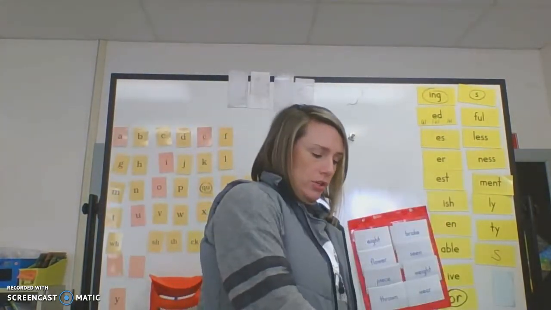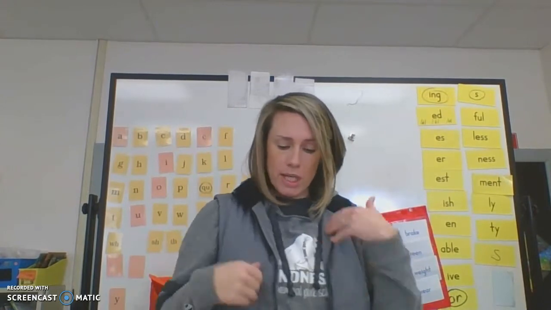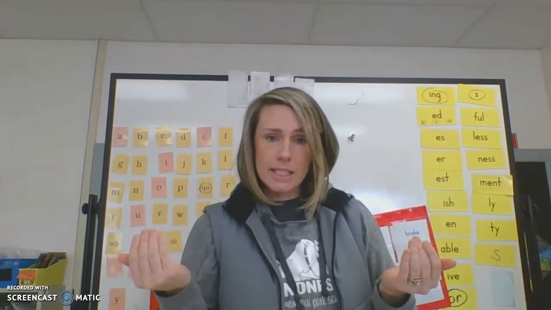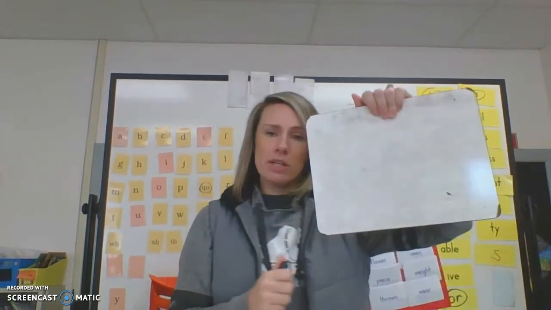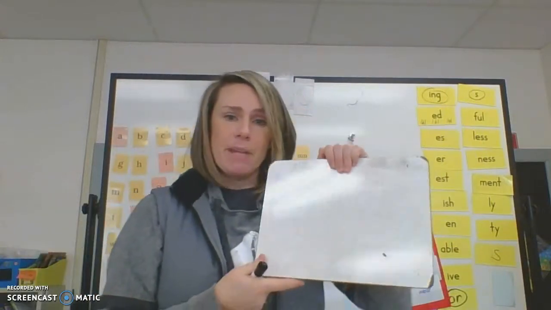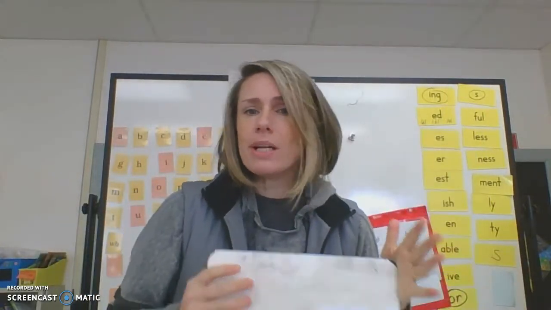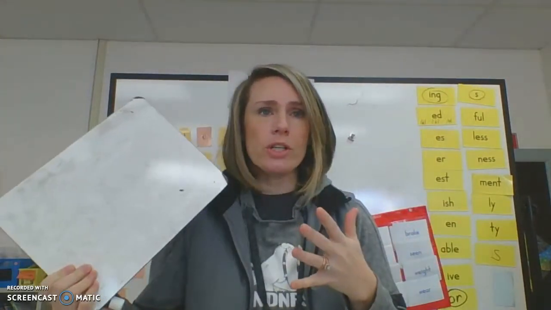Okay, so today we are going to do a word of the day and then a dictation on paper. So when we do our word of the day, I'm going to start by drawing syllable lines. And this is a strategy I like to do in class when I don't know how to spell a word. I like to have a whiteboard or a scratch piece of paper to write it out.